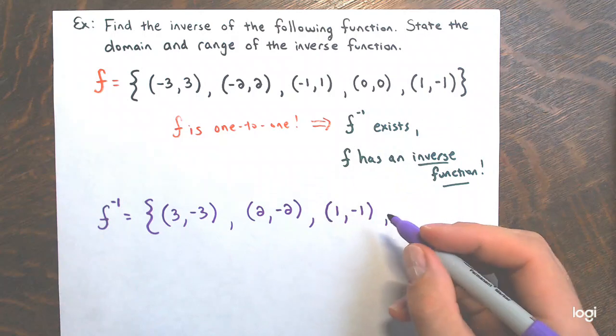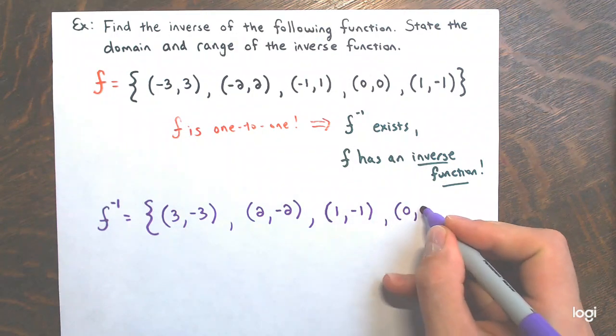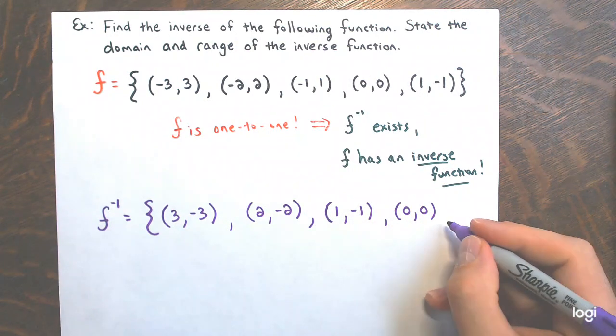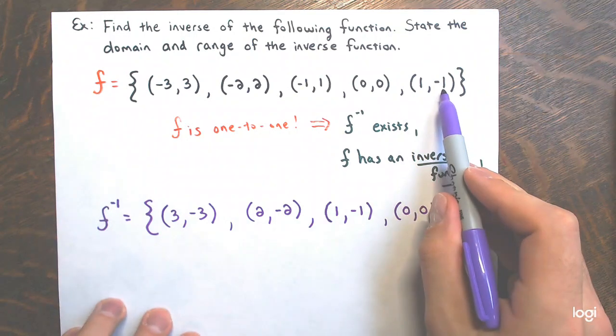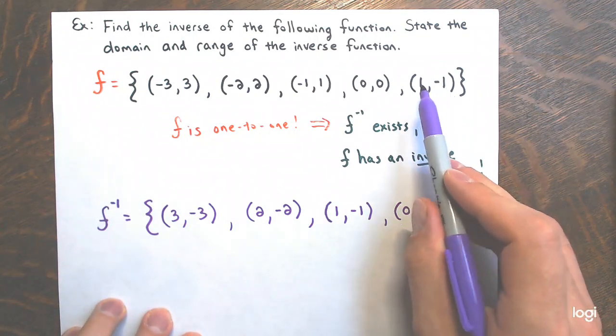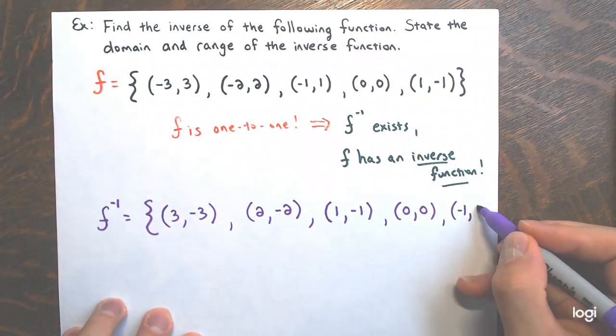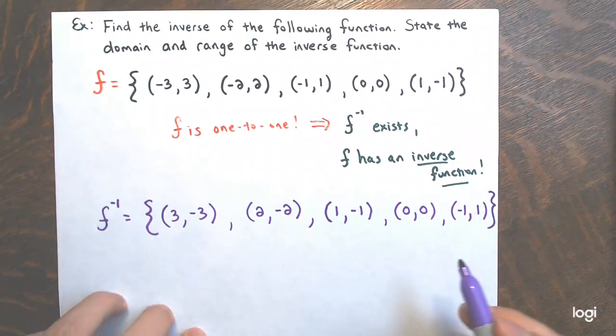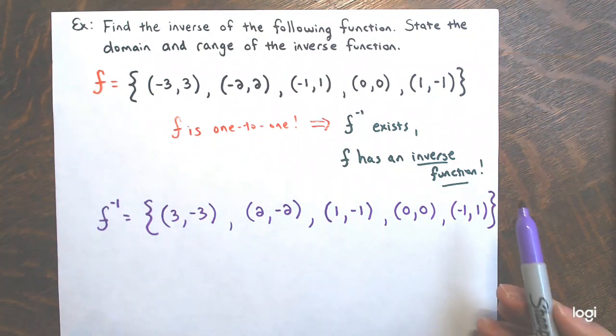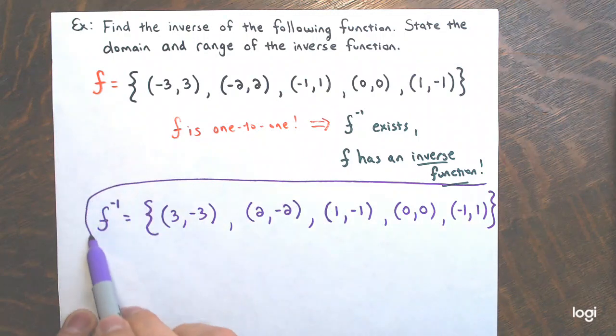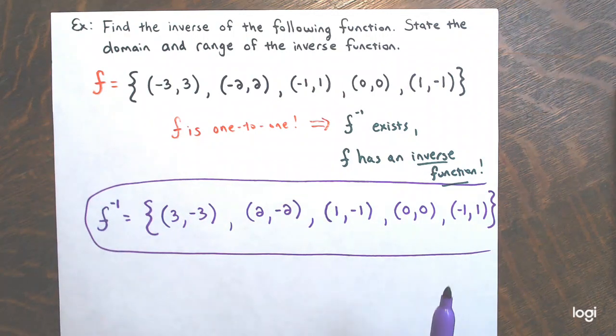Switch them, you yet again have 0 mapping to 0 in f inverse. And finally, 1 maps to -1 in f, -1 maps to 1 in f inverse. And close that off. And that's it. I'm done. There's the inverse function, this set of ordered pairs.